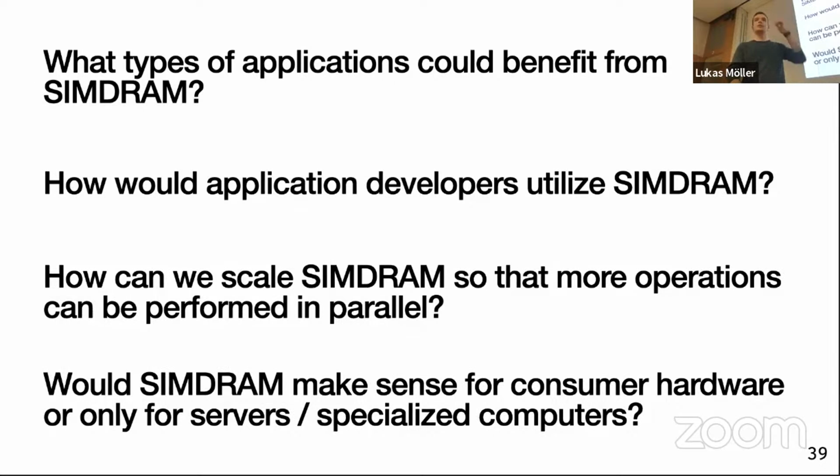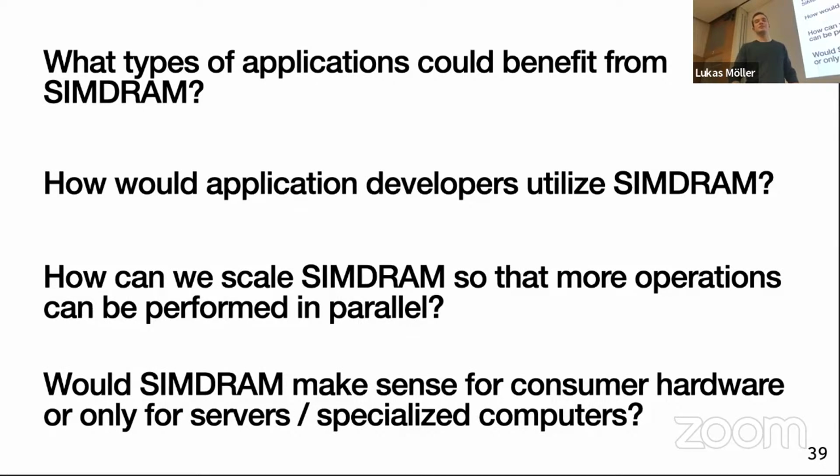It shouldn't be blocked. If it's just like a normal read or write request, but instead it's an AP or an AAP. Yeah, I think if one subarray is busy doing the SIMDRAM computations and it's not blocked, then I don't see any points that would go against this.